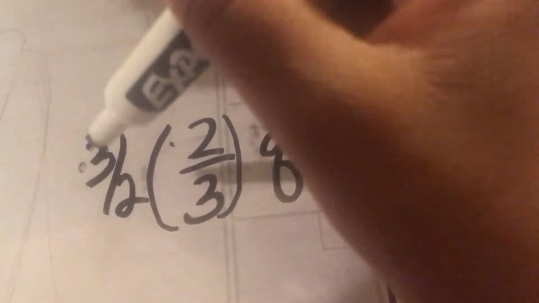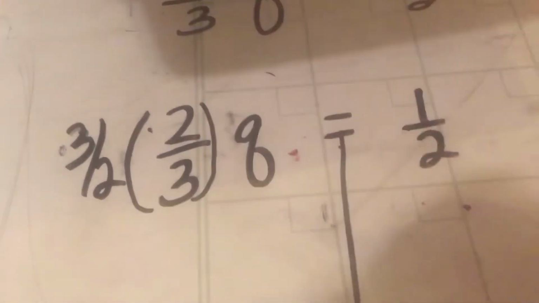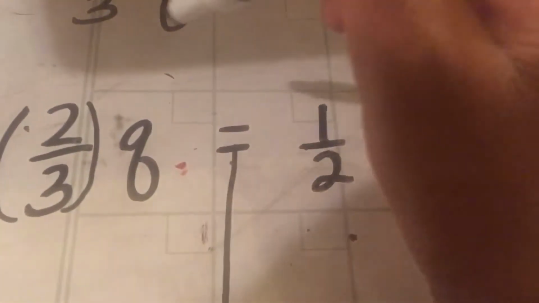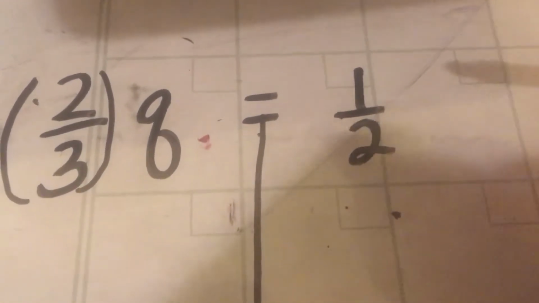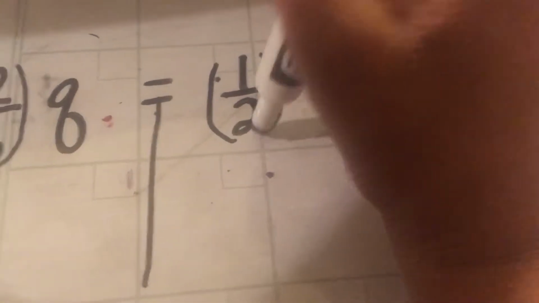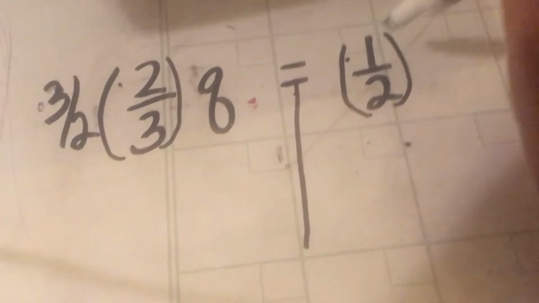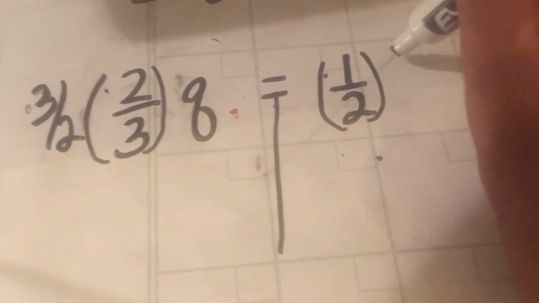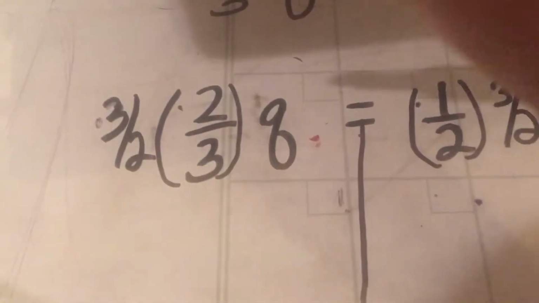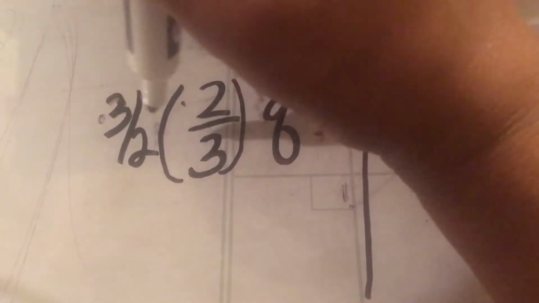Now, what I did to one side of my equation, I must do to the other side. So I'm going to put parentheses around my 1/2, and I'm also going to multiply by 3/2. Well, of course, we know that this cancels out. Now the 3's go out.